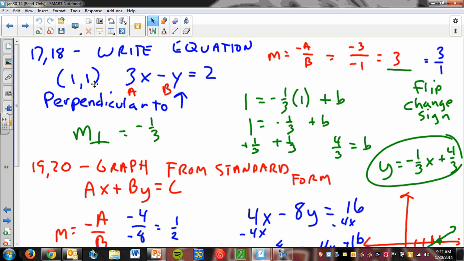Have our m and x and y, and we're still solving for b. A lot of this is plug in x, y, and m and solve for b. Y equals mx plus b, multiply together, get -1/3, add it, and we have 4/3 equal b. So make sure you use the perpendicular slope, and what we found for b, y equals -1/3 x plus 4/3.